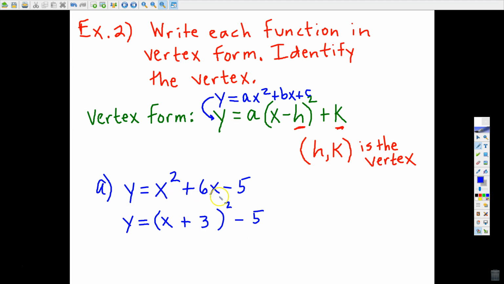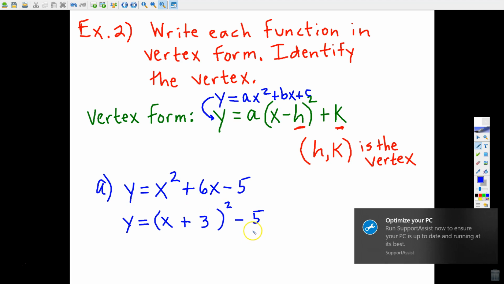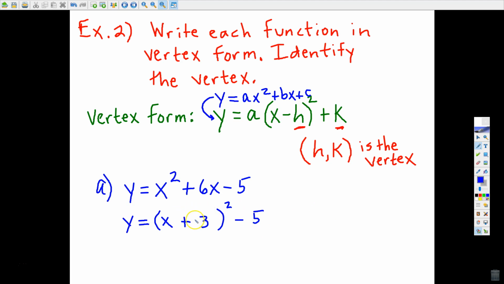And I just want to double check and make sure that after this first step, the whole goal is to create an equivalent expression. Okay, it's going to be a different form, but when I multiply it out, it should be equivalent. So let's just take a look and see if that's the case.